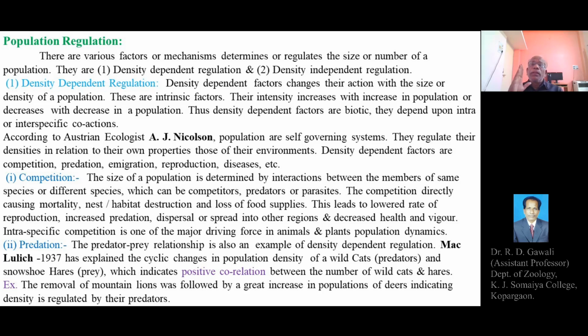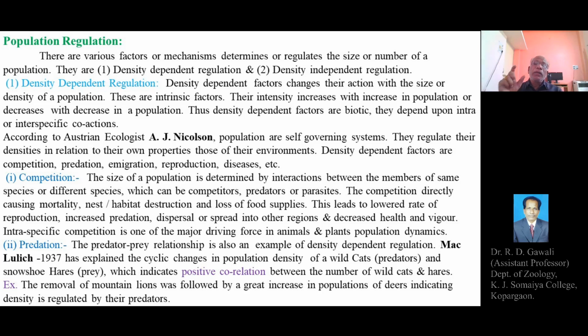So the intensity of density dependent factors increases with increase in population or decreases with a decrease in population.